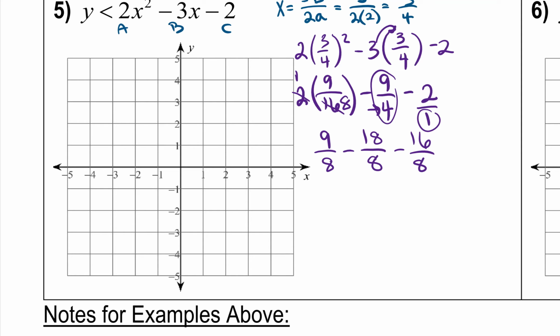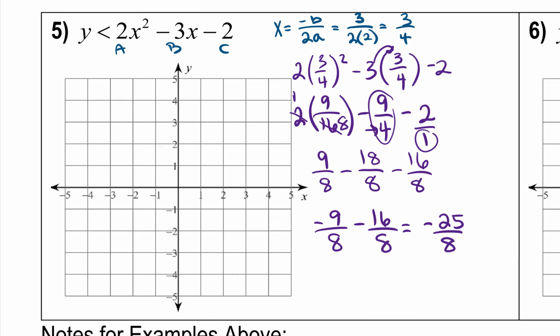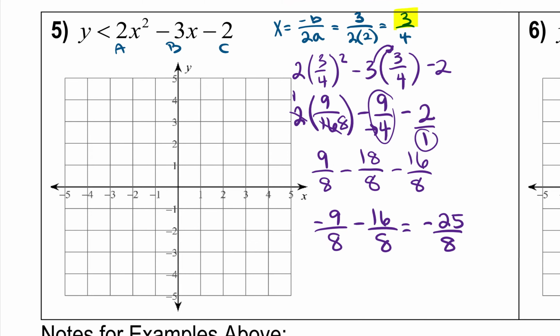So 9 minus 18 is negative 9 over 8 minus 16, which then gives me a negative 25 over 8. So that's my y value. So my vertex is, we found 3/4 and negative 25 over 8.